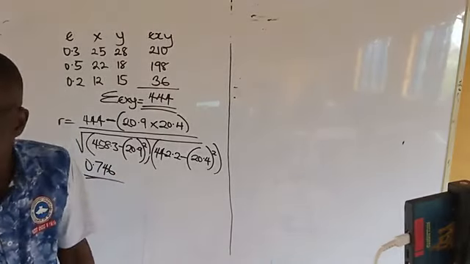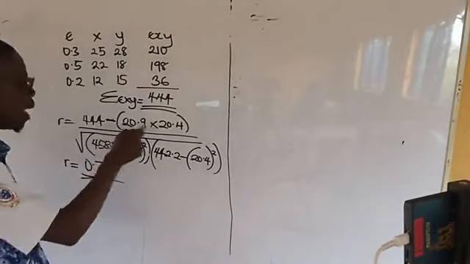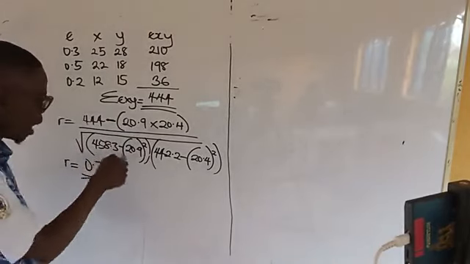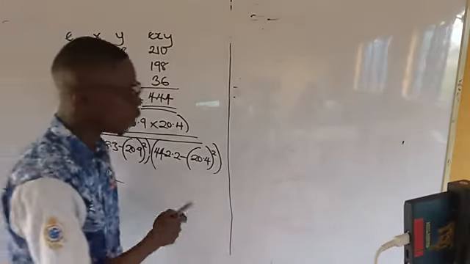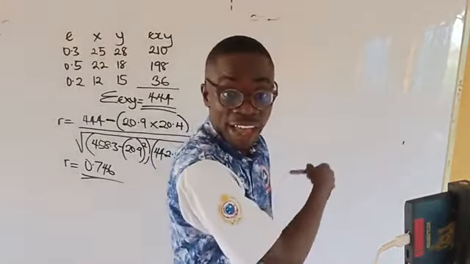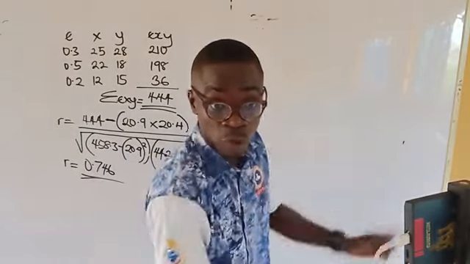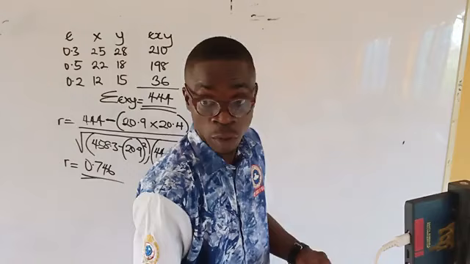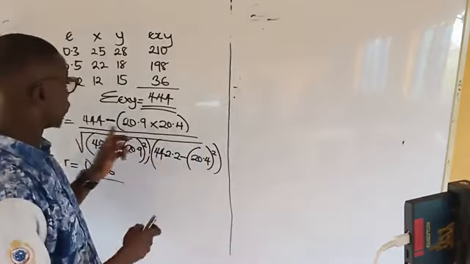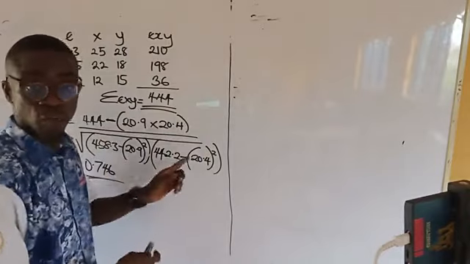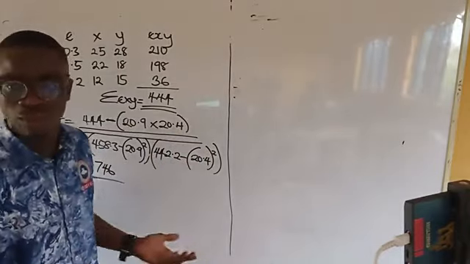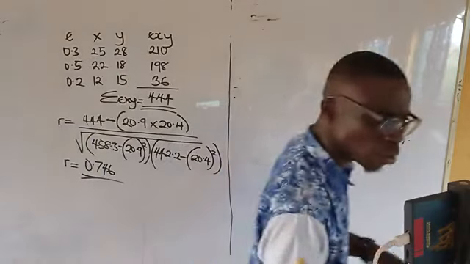You can put everything inside your calculator and get the answer at once if you know how to press it, or press the numerator and divide. So there's no big deal there.